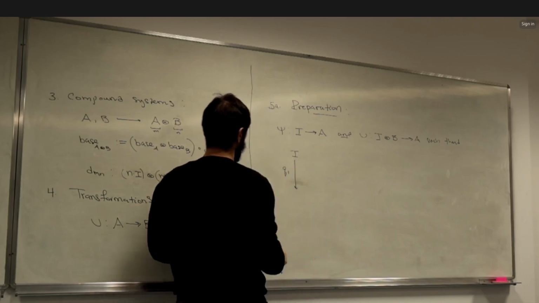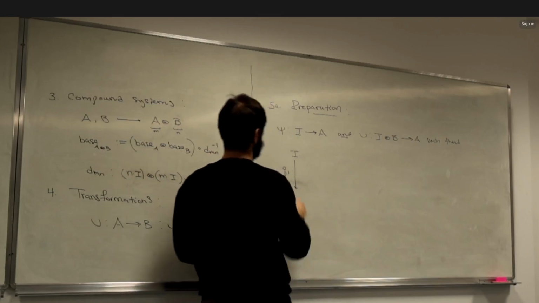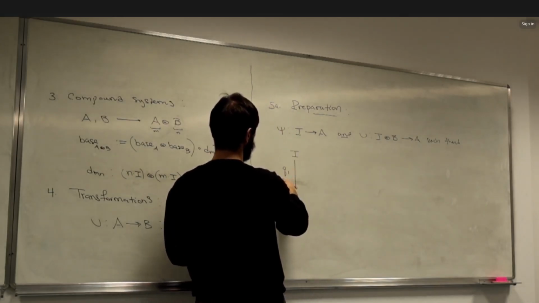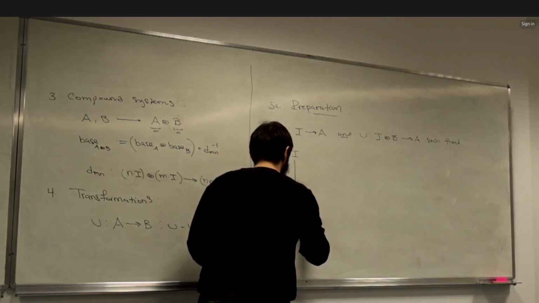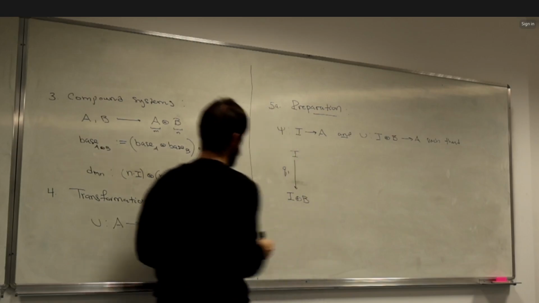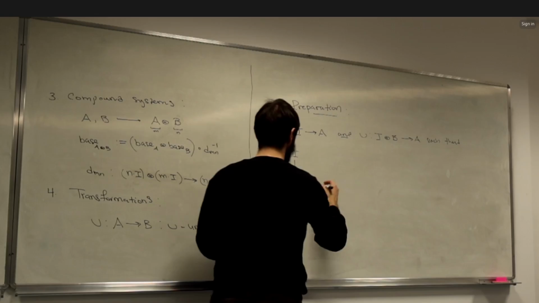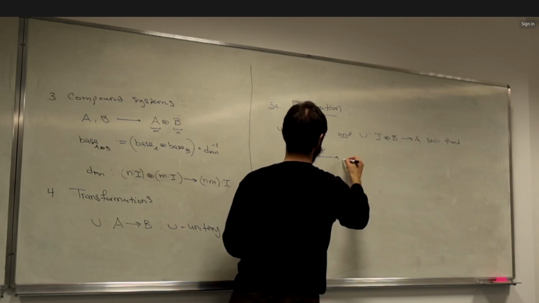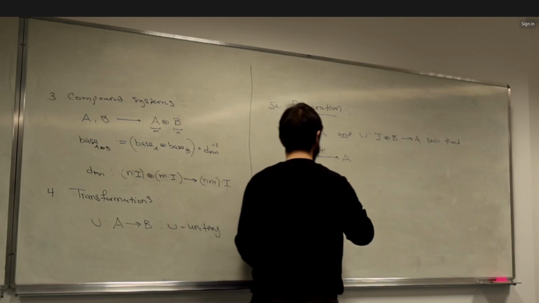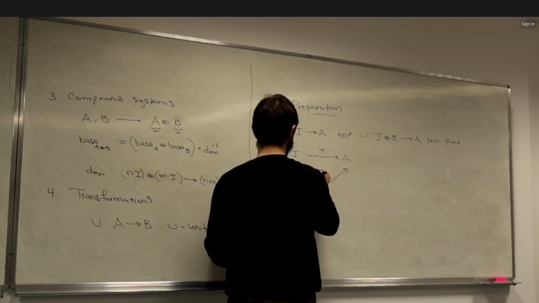We have an inclusion on the first, just by convention we choose it to be the first element, and we have psi, which brings us to A. And this has to commute.